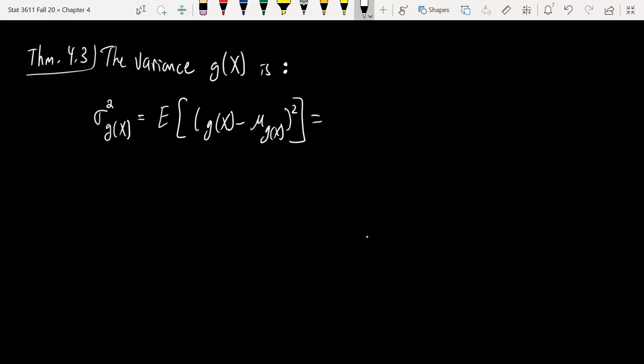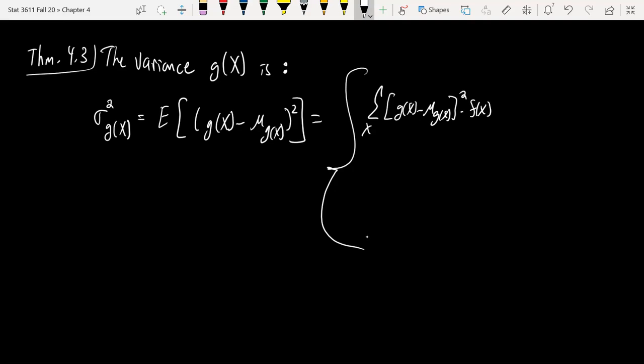So opening this up into the discrete or continuous cases, it's going to look like this. If it's discrete, we're going to be summing over all x values. We need the squared distances from the mean of our function g of x, times the probability that we take on that value, so times f of x. Of course, that is the discrete case.